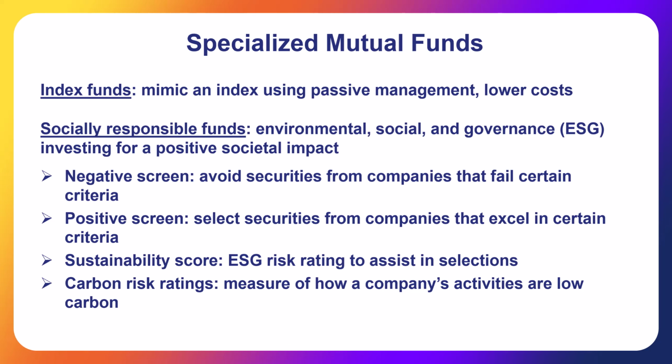And currently, I'm sure you may have heard of this, it's called the ESG score. So they may want to try to maintain a certain level of ESG rating within the investments that they purchase. Also, they may look at carbon risk ratings.